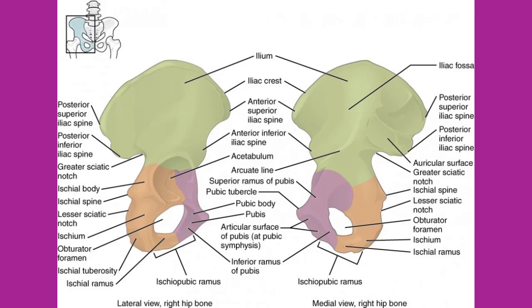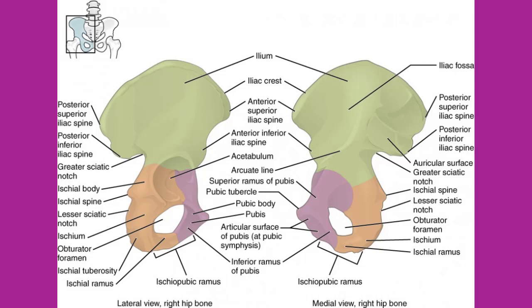This is located at the inferior end of a large roughened area called the auricular surface of the ilium. This auricular surface articulates with the auricular surface of the sacrum to form the sacroiliac joint, and both the posterior superior and the posterior inferior iliac spine serve as attachment points for the muscles and very strong ligaments that support the sacroiliac joint.